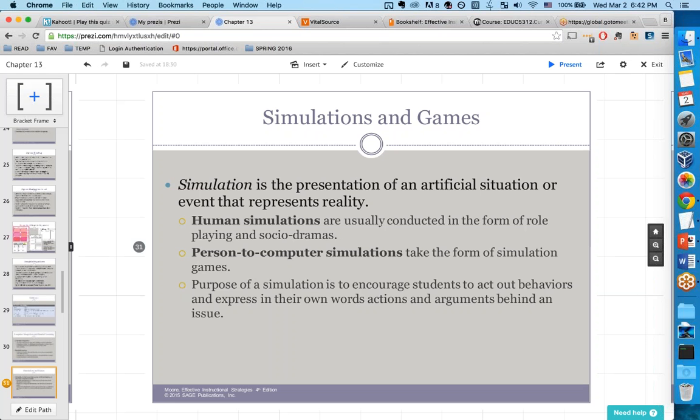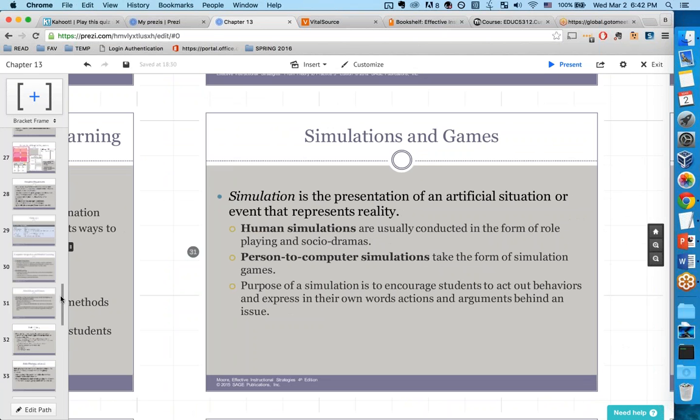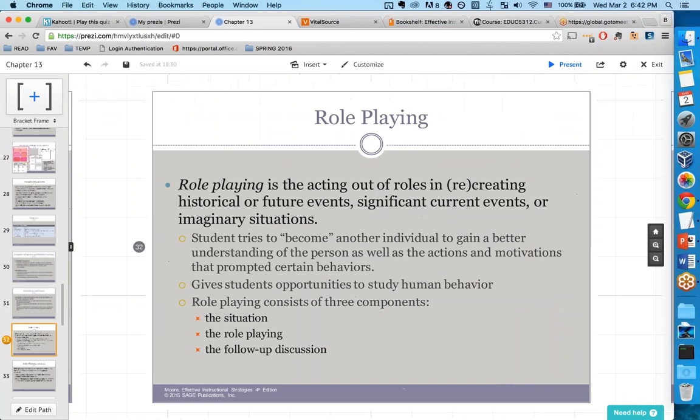All right, so let's talk about role-playing. So in role-playing, we act out roles in recreating historical or future events or some current events. And of course, these are imaginary situations. So let's say the elections are coming up.